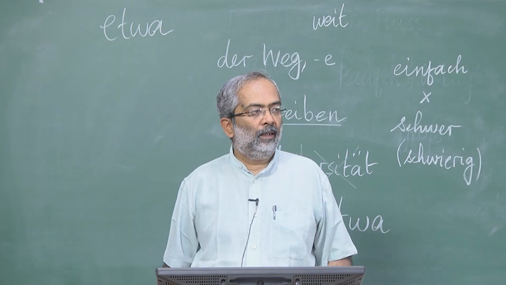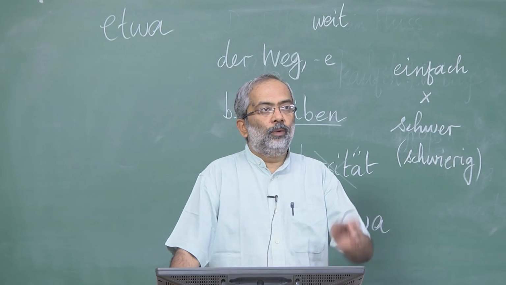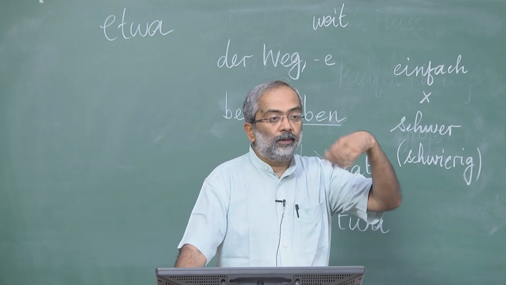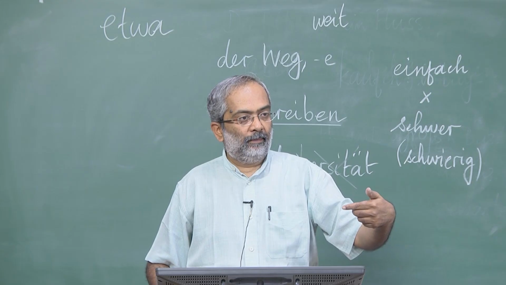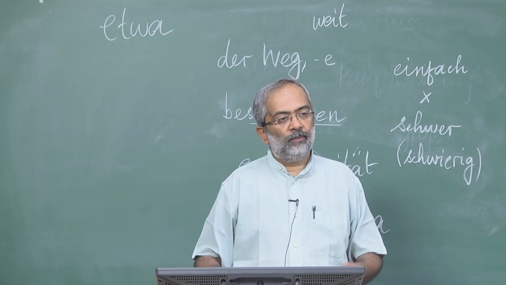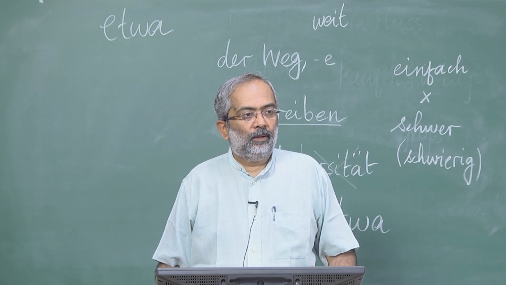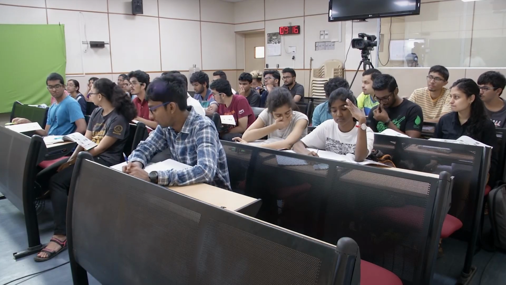Yeah? Etwa 150 Meter. So when you told me the directions, you repeated gehen Sie. You don't need to repeat gehen Sie. You can ask me now the same question. Entschuldigung. Somebody else can ask me the question. Anyone? Yeah. Take the mic.